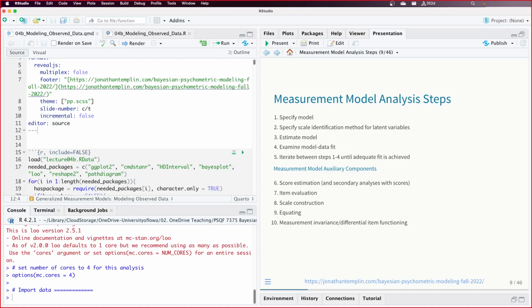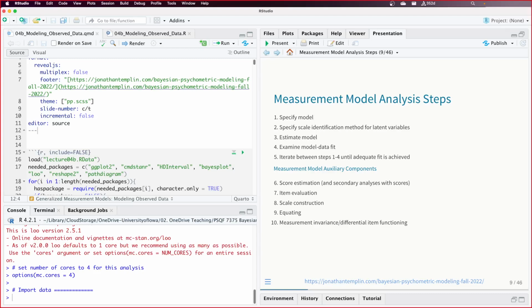What did I tell you a model is defined by? It's a distribution of a variable, and then what is predicting it, right? So the linear component part and the distribution of the outcome itself. So we're going to do that part today. For step two, we are going to simply identify the scale with a mean of 0 and a standard deviation of 1.